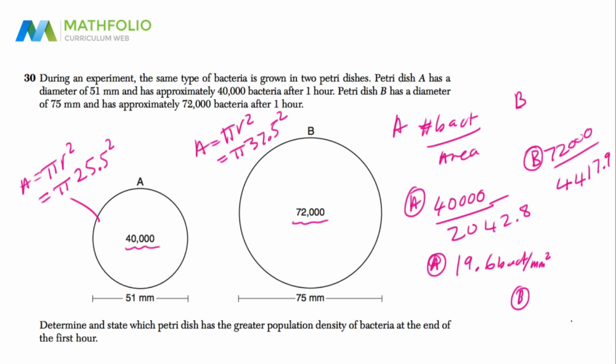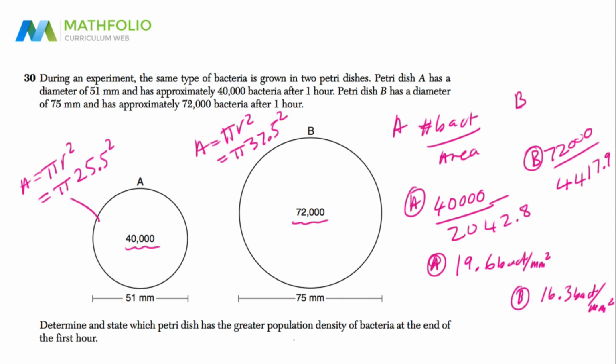And then for B, let's do this. I've got 72,000 divided by 4417.9, and that gives me 16.3 bacteria per millimeter squared. So it says determine and state which petri dish has the greater population density.